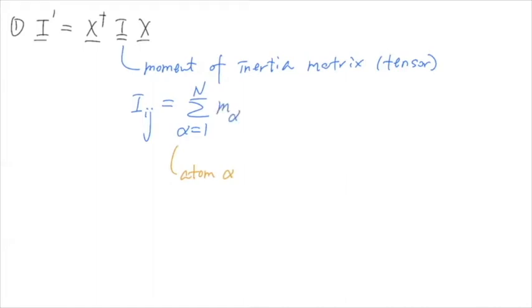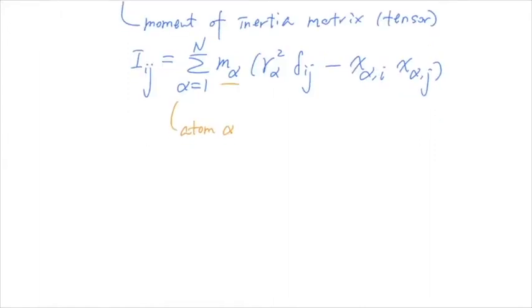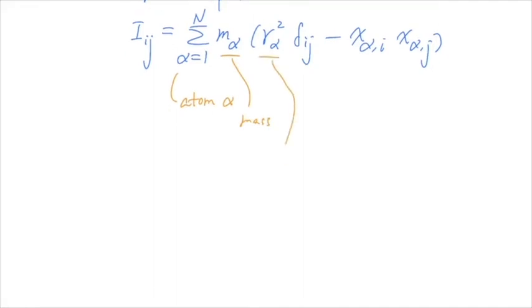In the summation you have the mass of alpha times r_alpha squared, delta_ij, the Kronecker delta, minus x_alpha,i times x_alpha,j. So this is the mass, and this r actually is the position of this atom.